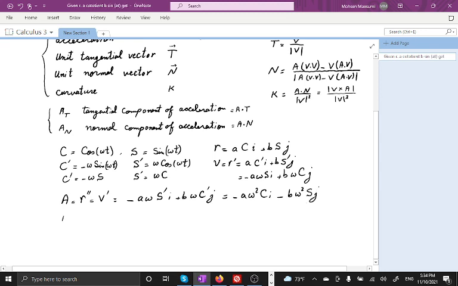If you want to clean it up a bit, for acceleration I can factor minus omega squared out of that. I have A C i plus B S j. Of course, you notice something you could see from the outset. This is R again. So this R here is the same as the expression in here. So if you want to write it even shorter, minus omega squared R.